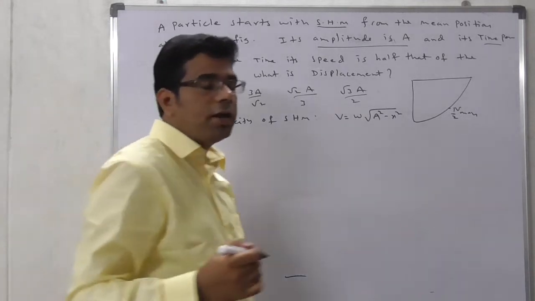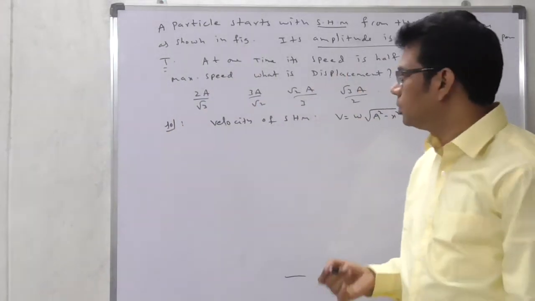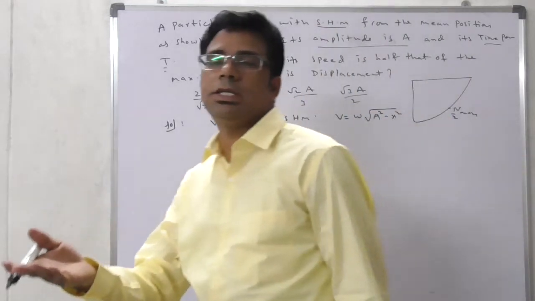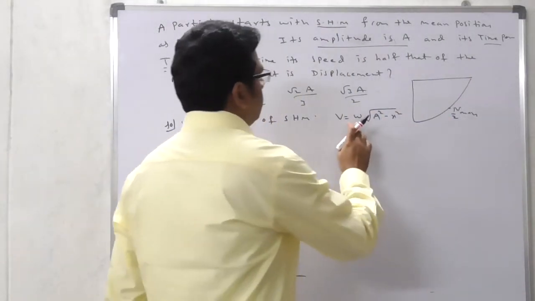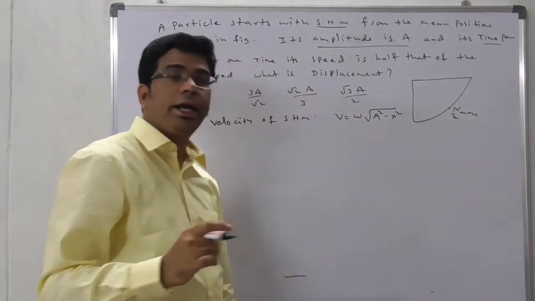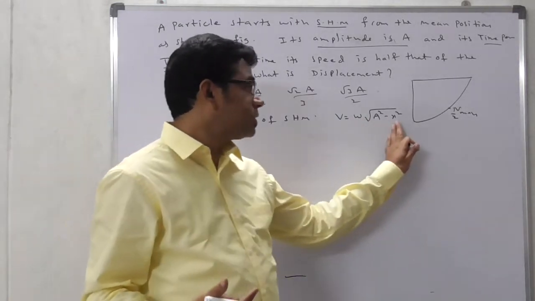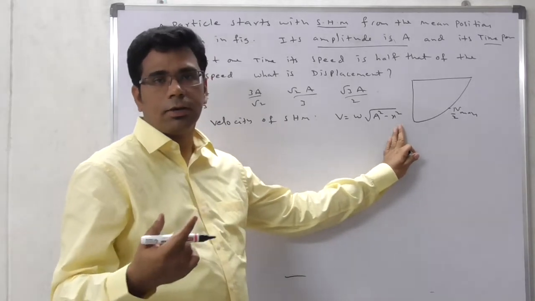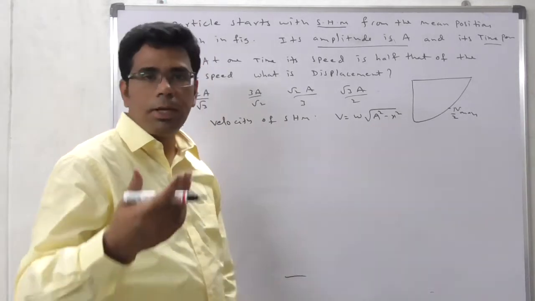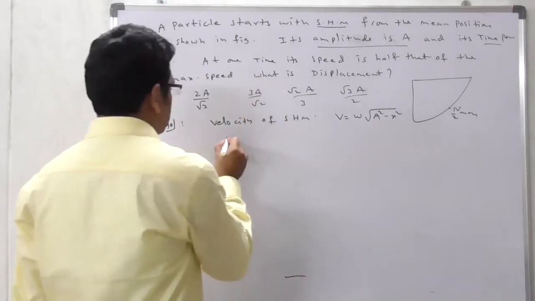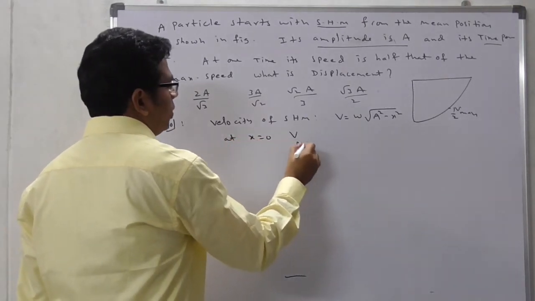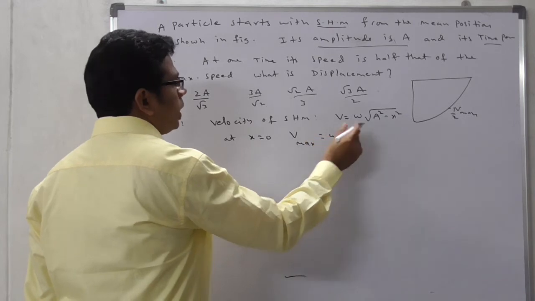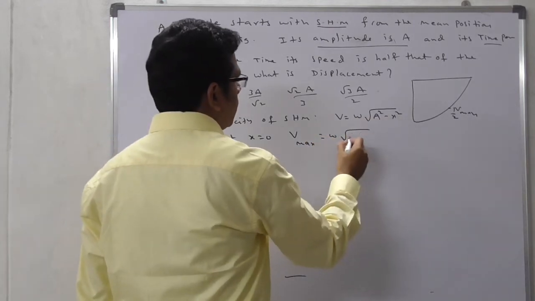We know that when velocity is maximum, at x equal to 0, if x is equal to 0, we get root A square, so automatically this value will be maximum. Note it down. At x equal to 0, we get V max, that is omega into root A square.